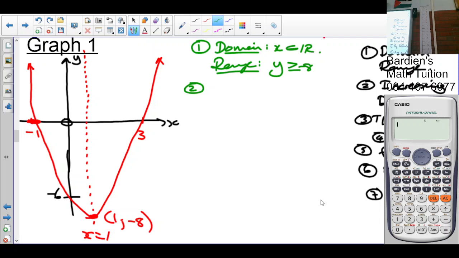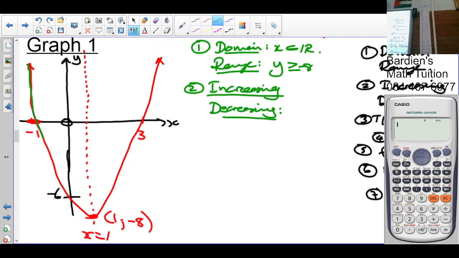Number 2. Increasing and decreasing. Now, for increasing and decreasing, we always read from left to right. Can you see that? We're always moving from left to right. So what do we notice about this graph?